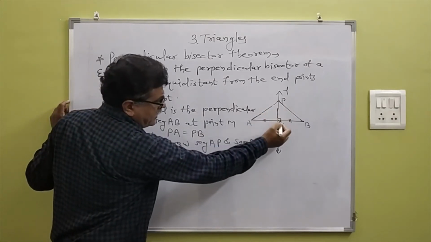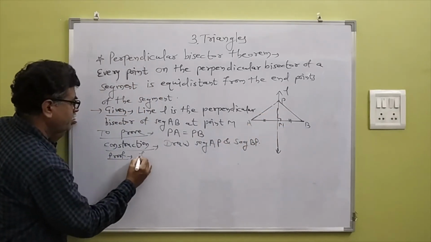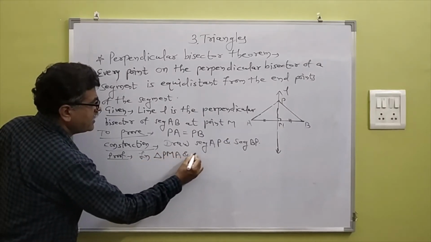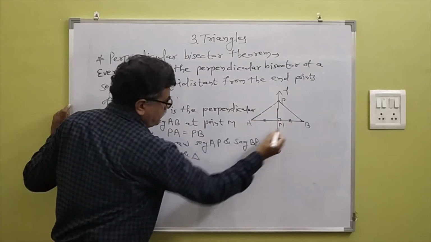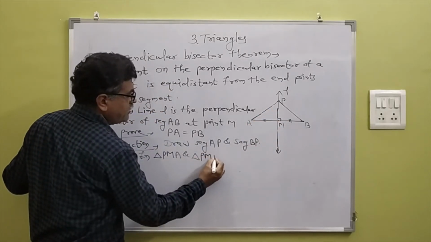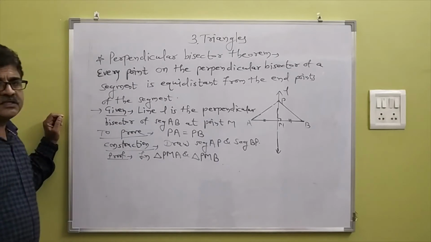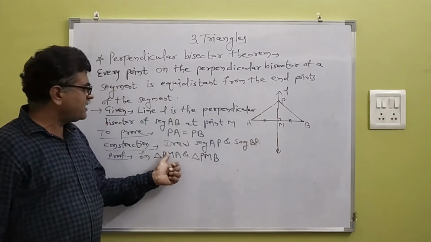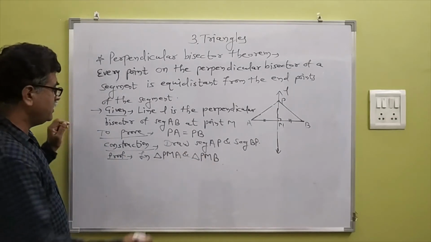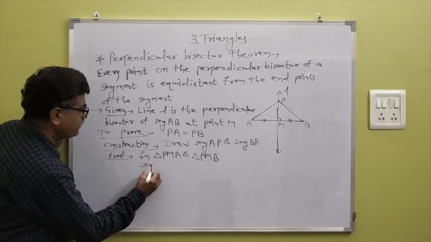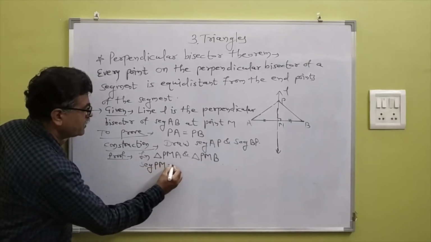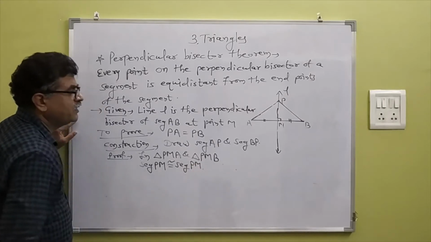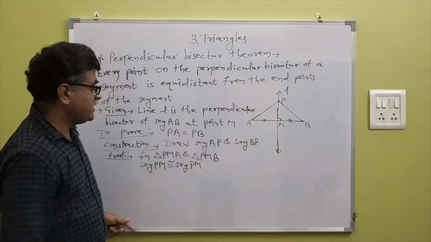Now write down in triangle PMA and triangle PMB, in these two triangles, segment PM congruent to segment PM. This is common side.